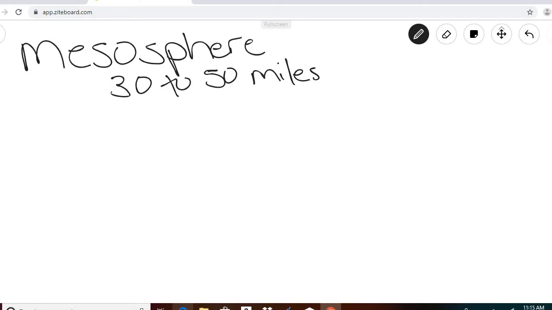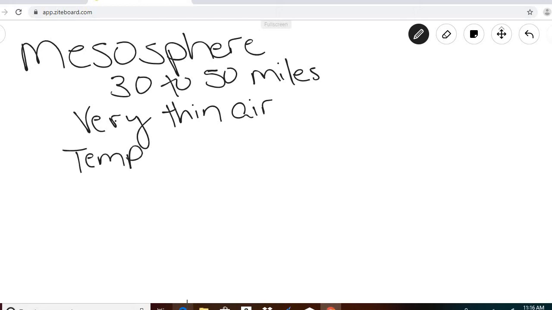Within the mesosphere, you're going to have very thin air. And now, because the ozone layer is not in the mesosphere, temperature will decrease as you go higher. So temperature decreases again with increasing altitude.